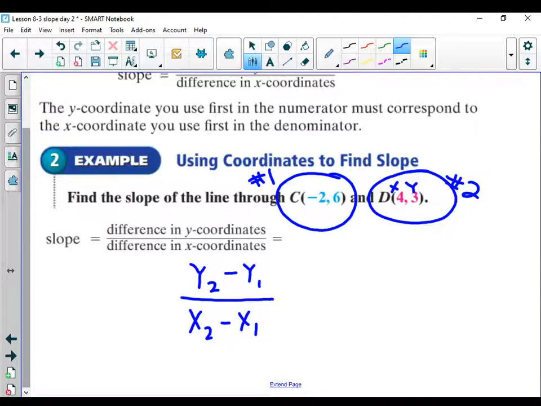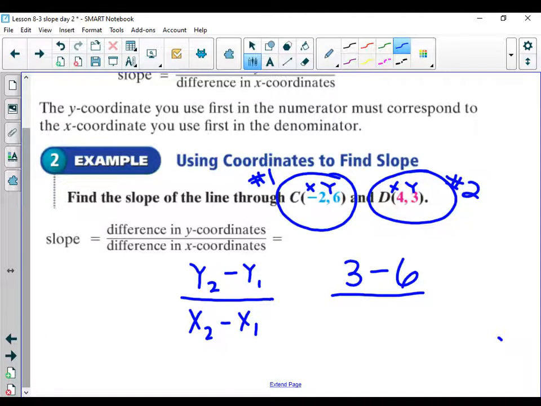Here's group 2, and this is Y. So Y2 jumps out, 3 jumps in. Then I need the Y from group 1. Here's group 1. What's the Y? 6. Y1 jumps out, 6 jumps in.